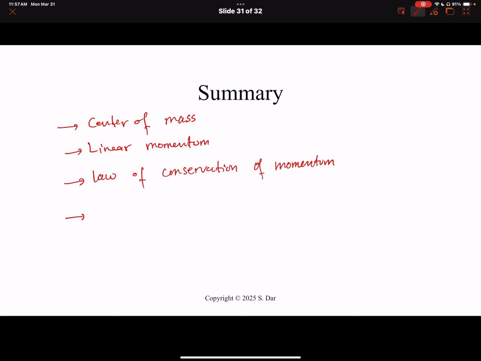We also discussed different types of collisions, elastic, inelastic, and completely inelastic. And last but not the least was impulse, the J that we defined. Okay, so that brings us to the end of the chapter.